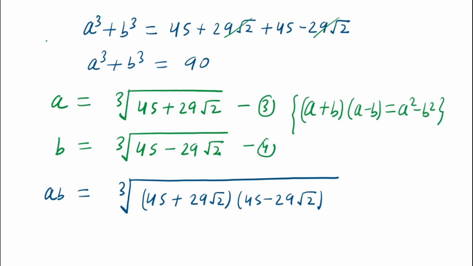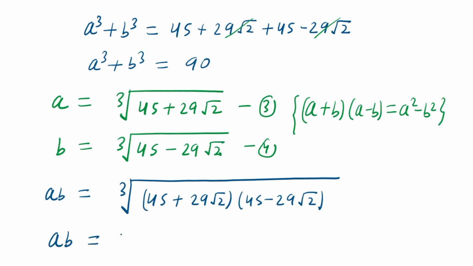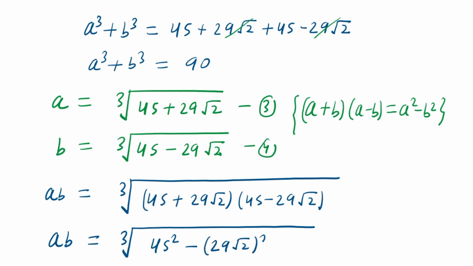If we apply this rule, then a times b is equal to cube root of 45 square minus 29 times square root of 2 bracket power 2.